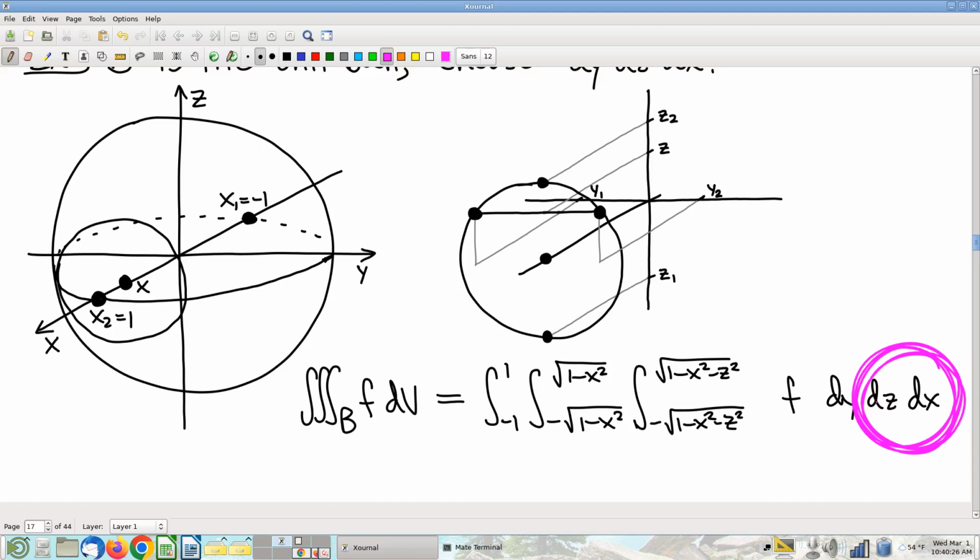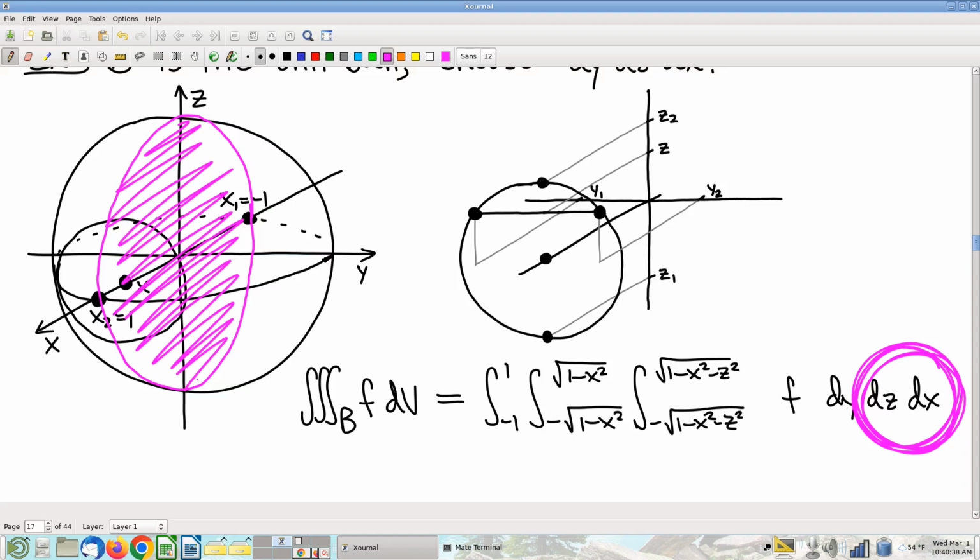Okay, art challenge time. The projection to the XZ plane is something kind of like that. I don't think I'm going to beat that for art. So, that disk, unit disk in the XZ plane. That's what you get when you take this ball and smush it into the XZ plane, right?